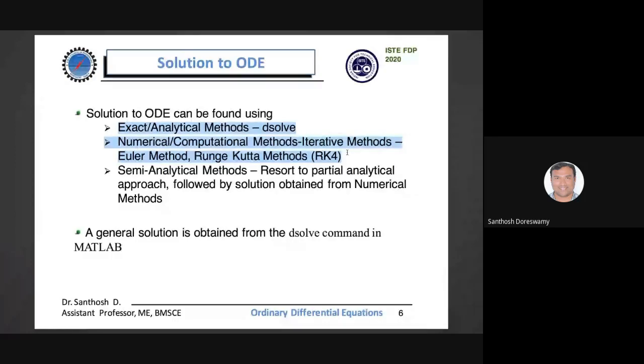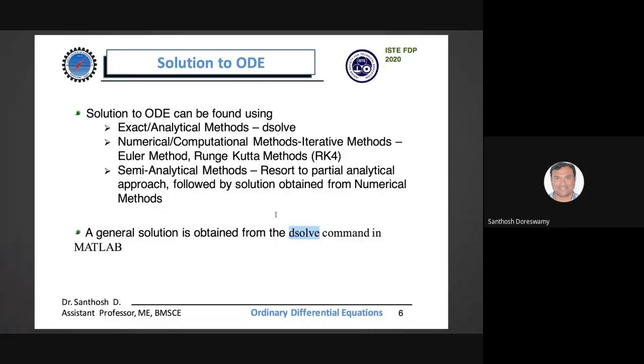A general solution to any analytical or iterative method that we obtain using MATLAB is to use our dsolve command. In addition to that, this command can only be used for your exact or analytical methods.